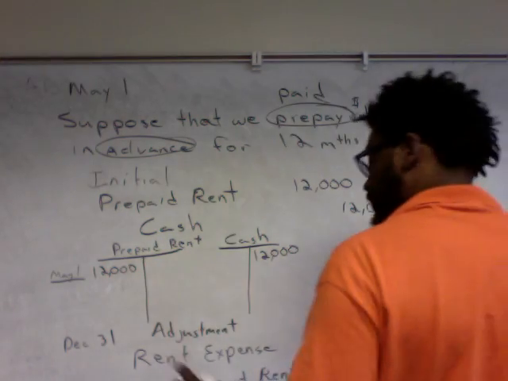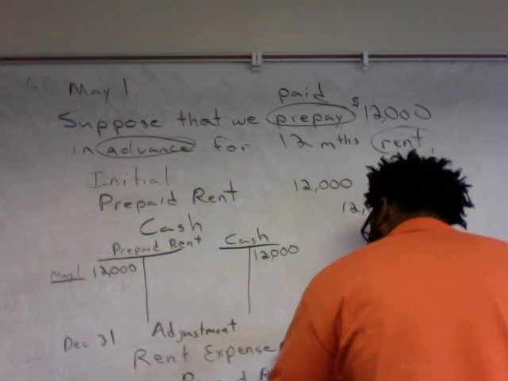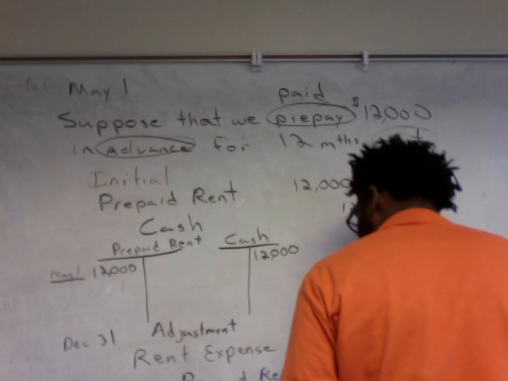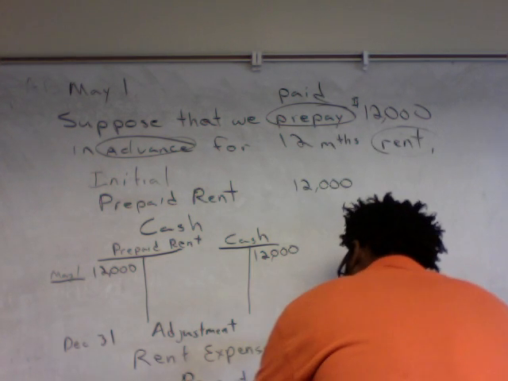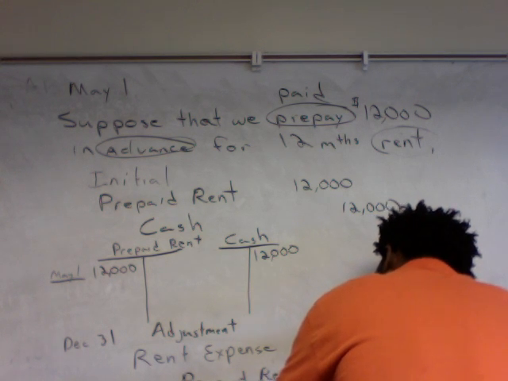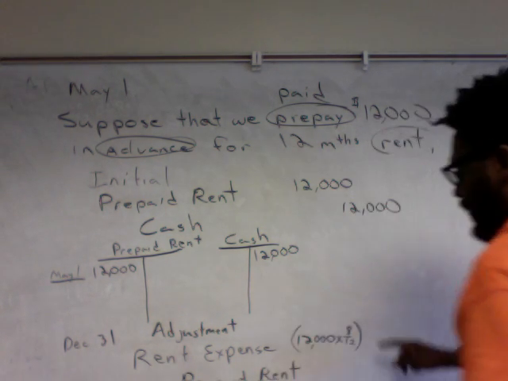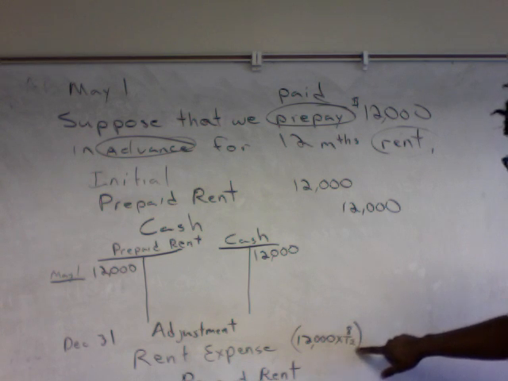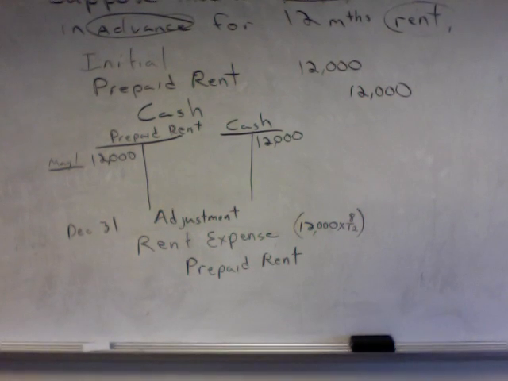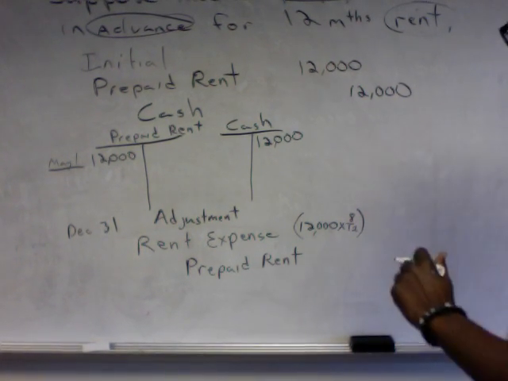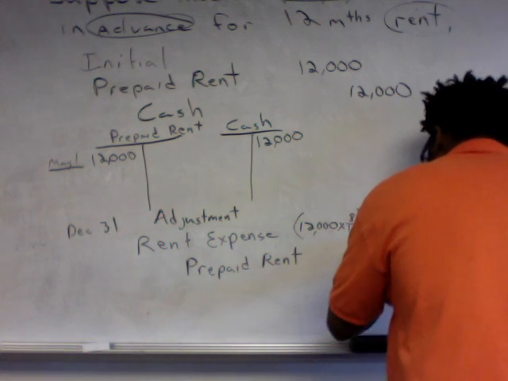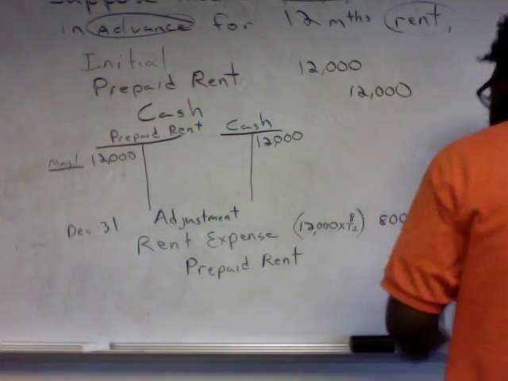So what we're going to do is we're going to take $12,000, which is the total, and we're going to multiply it times 8 over 12. 8 being the time that has passed, 12 being the actual months. And obviously that's going to give us what? $8,000, which represents 8 months of rent that is passed.